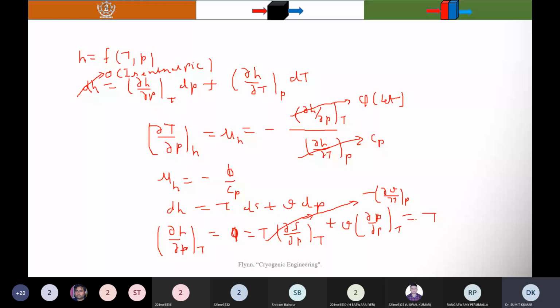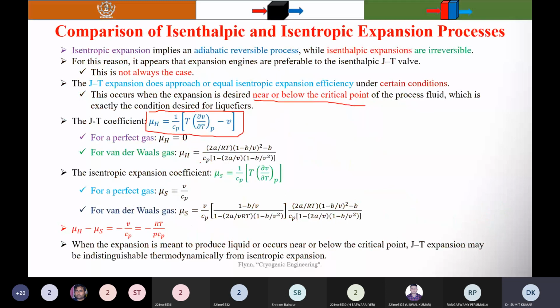Now you can substitute in this equation. You will find that mu H is equal to 1 by Cp into T times the partial derivative of V with respect to temperature T at constant P, minus V. Now we need to find it for the perfect gas.